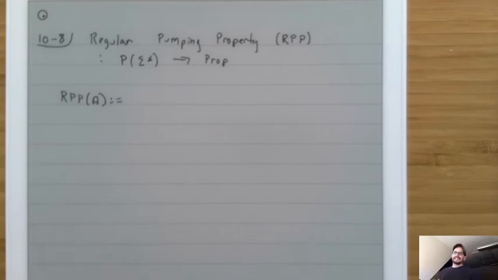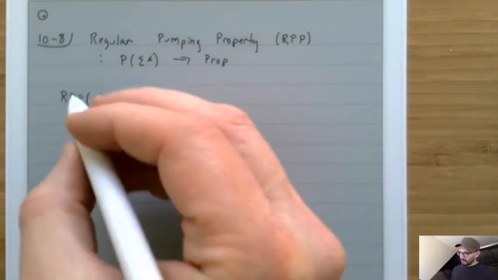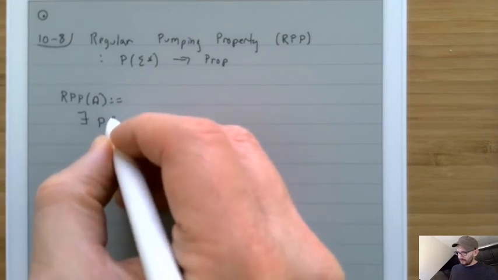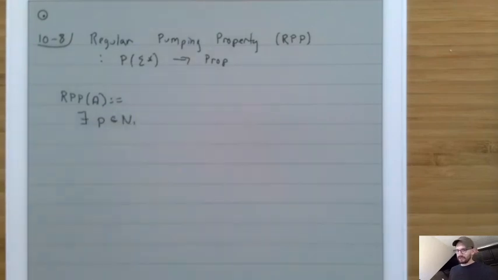First, since this is a property that applies to regular languages, that means that there exists some machine for it. And that machine has some size. So therefore, what we do is write down there exists some number p inside of the natural numbers. That number p, we know, is the size of the states.